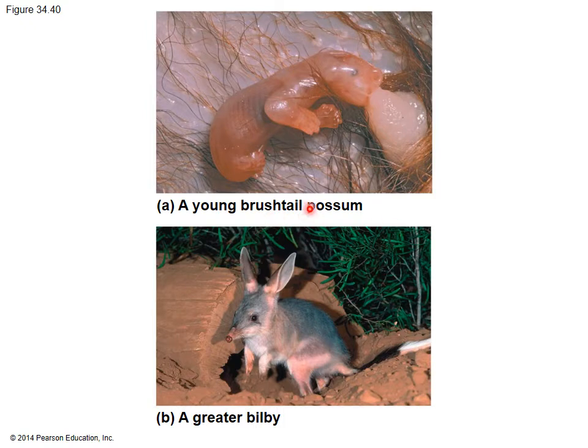So you can see this possum is very much looking like an embryo. So in order to survive, inside the marsupium is where you find the nipples. So it basically latches on to nurse as it develops. Greater bilby, kangaroo type creature from Australia.